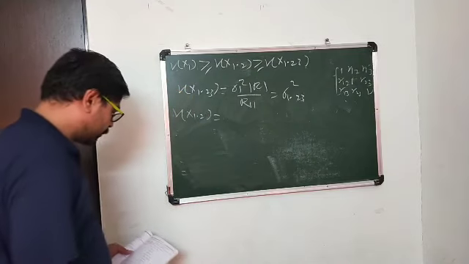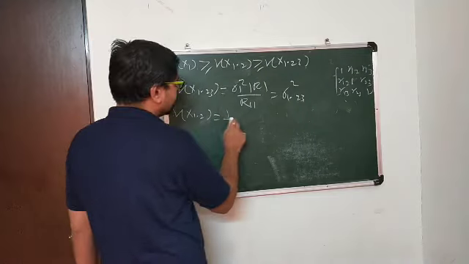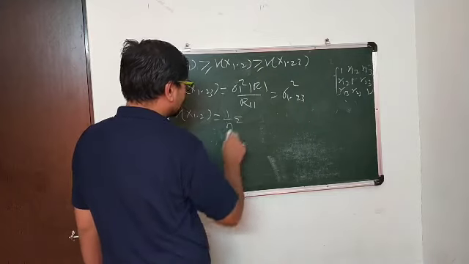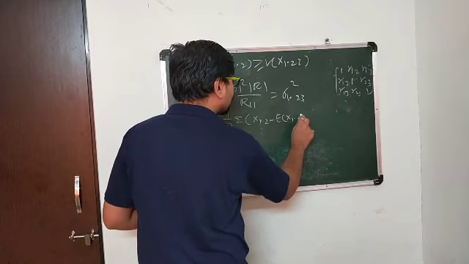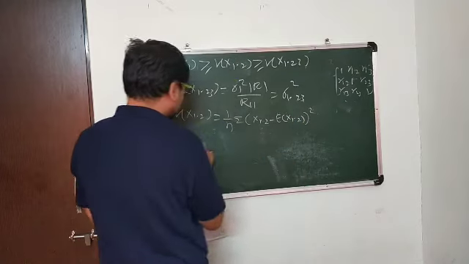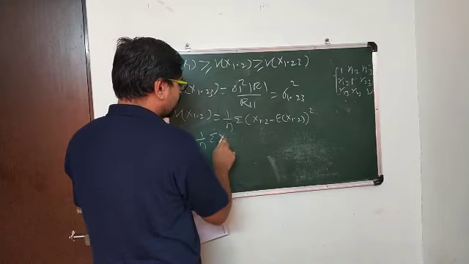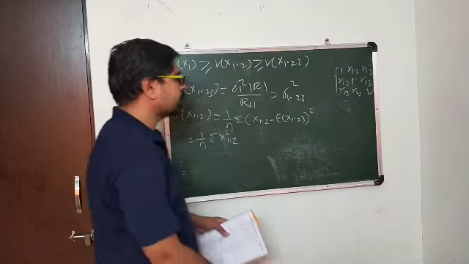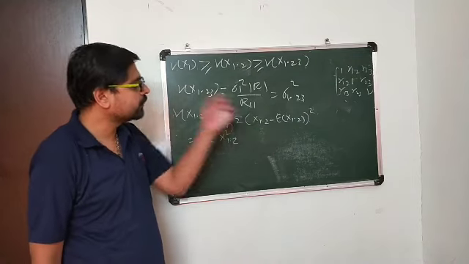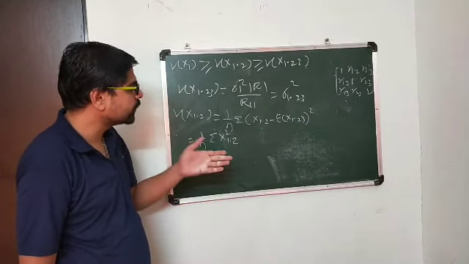The variance of x1.2 is equal to 1 upon n summation of (x1.2 minus the expected value of x1.2) whole square, which is summation of x1.2 square. As we know that the expectation of a residual is 0, the expected value of x1.23 is equal to 0.